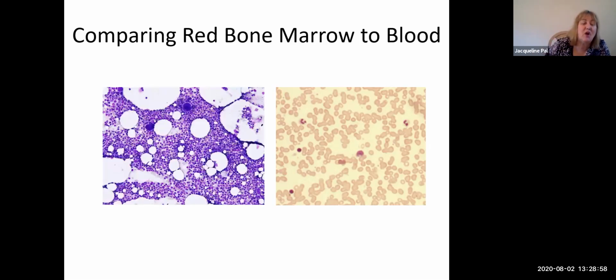It looks like the picture on your left, where you have all kinds of nucleated blood cells, all these precursors, and once they're formed, there are little tiny capillaries in the red bone marrow that will drop the mature cells into them so that then they are in the blood. Also, notice you do have occasional adipocytes in red bone marrow, but you would not have them normally in blood.